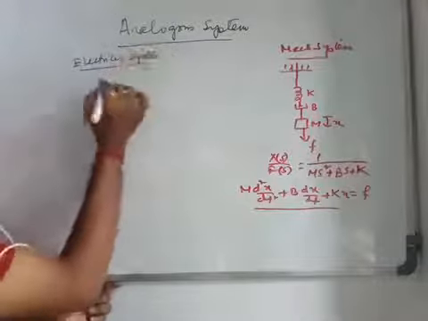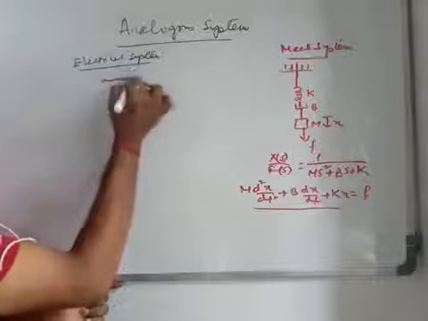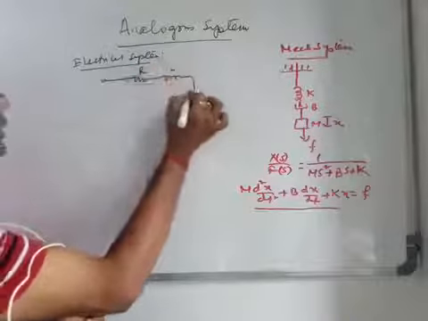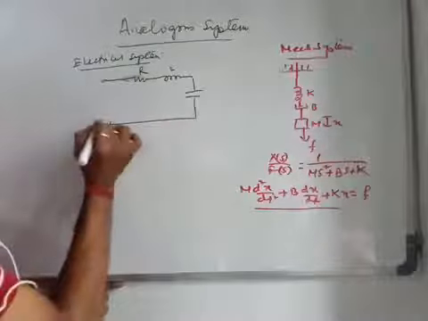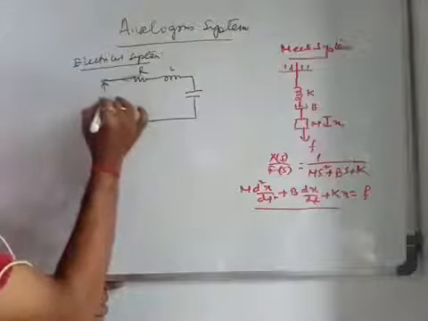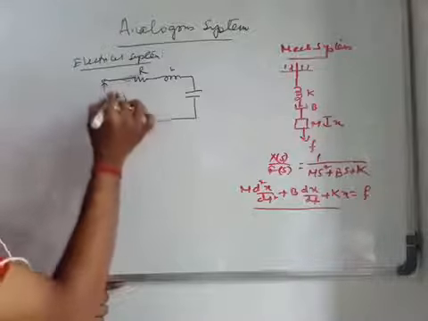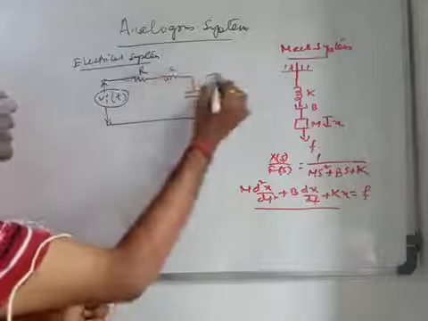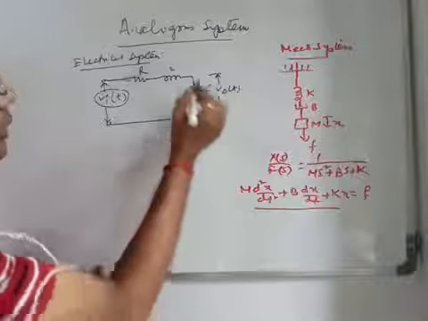First of all, we will consider a series RLC. This is your voltage source Vi that you are applying here, and this is C, and here you want to get the output voltage across C.